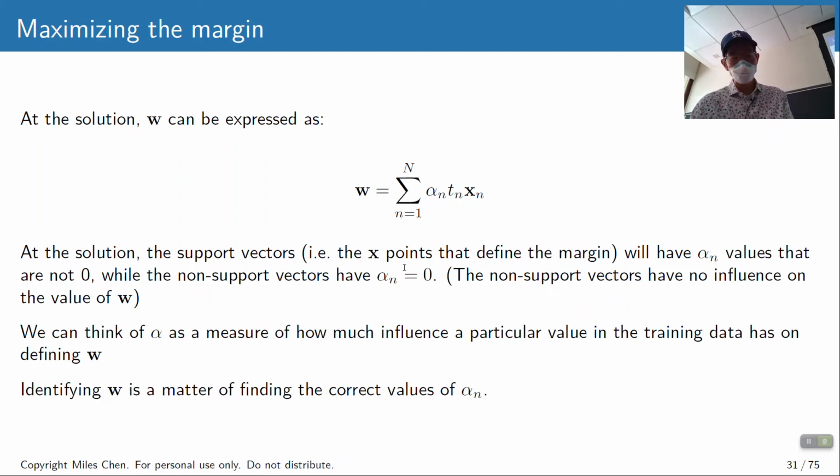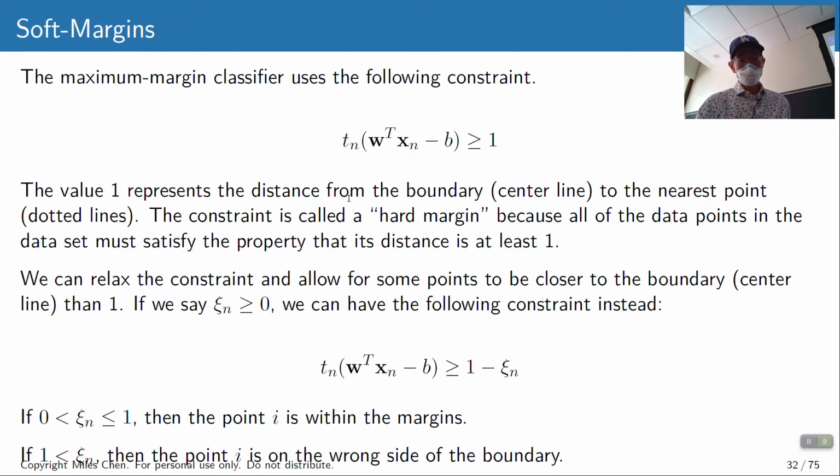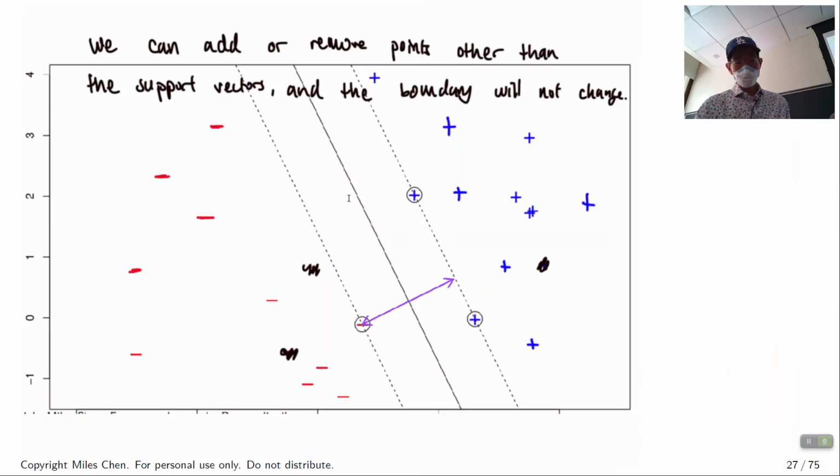It's going to equal how much weight they get, as calculated. So it's a matter of figuring out which points have alpha equal to 1 or not, or alpha equal to 0 versus something else, as far as which points influence the direction of W. So that determines these things, and this is what we call the hard margin, in that none of the points can end up being on the wrong side of this.